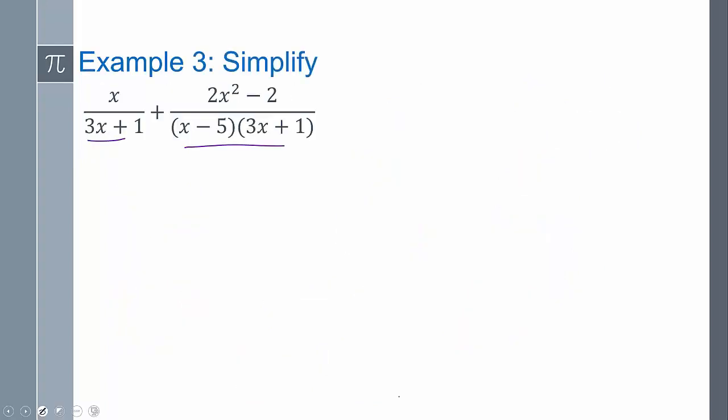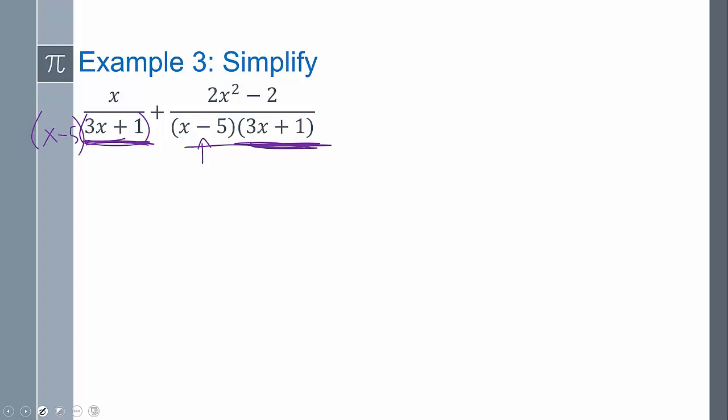So let's look at the factors. Well, I have a factor of 3x plus 1. I have that factor here, and I have that factor here. So they both have that. But this one has an x minus 5. The other side doesn't. So they both have to have the same factor.